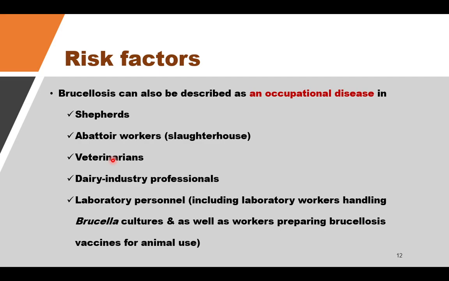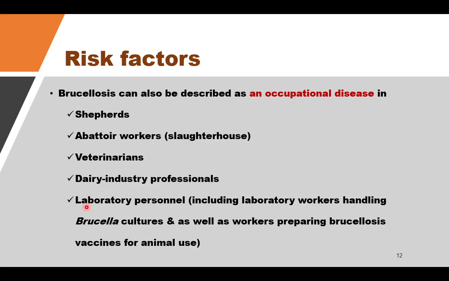They take deliveries, they treat infections, so they are exposed, particularly if they don't don the appropriate personal protective equipment while attending to sick animals. Dairy industry professionals, because unpasteurized milk is a vehicle of transmission. So working in the dairy industry without appropriate PPE can put an individual at risk.